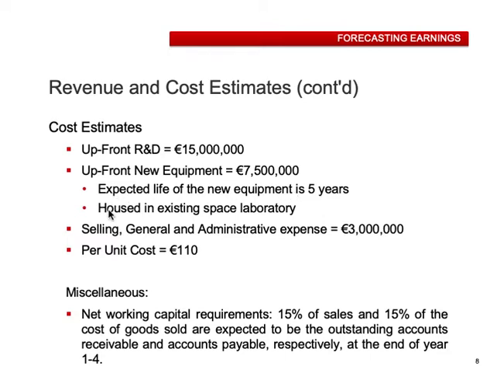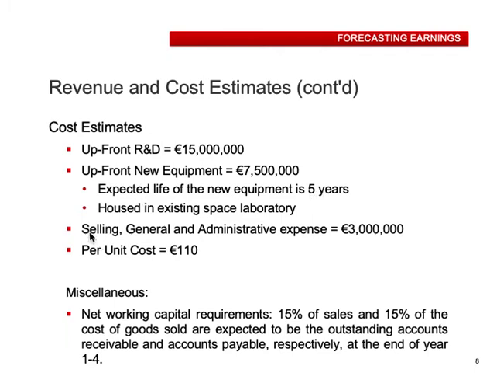And the new equipment is housed in an existing space lab. I'm going to provide a little bit more detail about the level of depreciation related to the new equipment. But for now, we just leave it at 7.5 million at an expected life of 5 years.